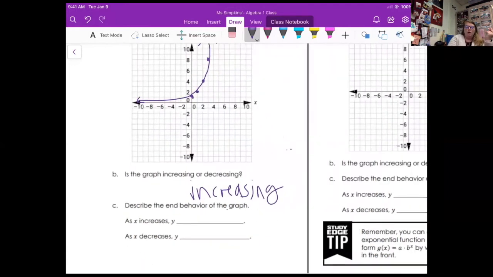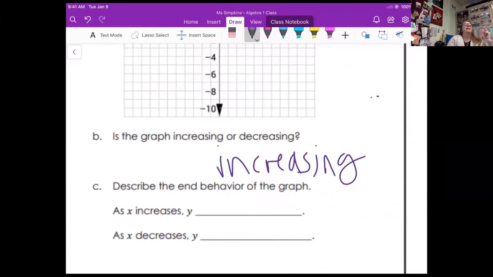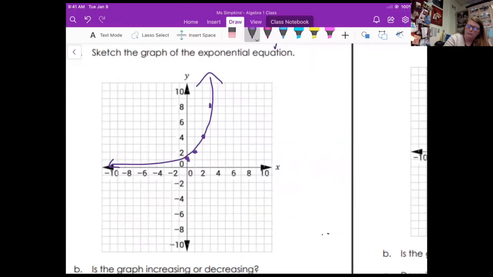Now, these two things are talking about the ends of the graph. So this one, as x increases, is talking about the right-hand side where the bigger numbers are. So this arrow right here, where is it going towards? Up. Okay, we're good with that. We don't want to say up though. Okay, it is increasing, but what number is up? I hate saying number. What thing is up?